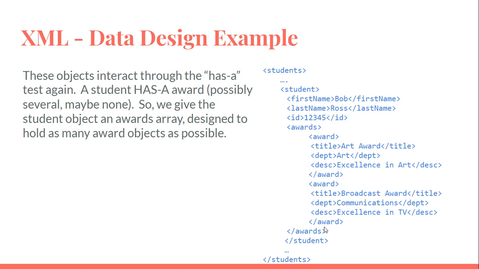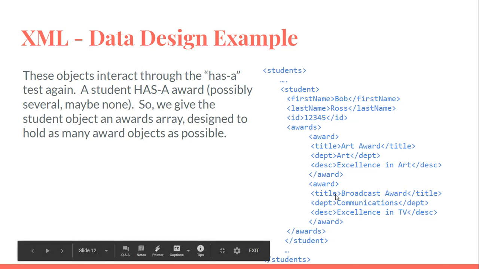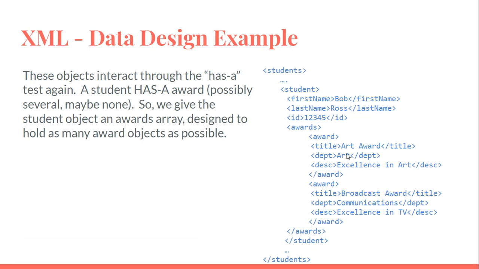So for a person that has 2 awards, it works out like this. For a person that has 1 award, we would just have 1 of these. If a person had no awards, the awards tag would still have to be here. It would just be empty. But every student has a first name tag, a last name tag, an ID tag, and an awards tag.